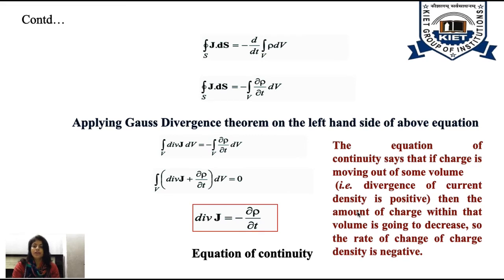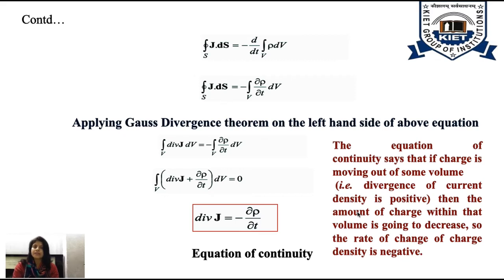Substituting the value of current and charge in the conduction current equation, I or IC is equal to minus dq by dt, we have surface integration of J dot ds equal to minus d by dt of volume integration of rho dV. Then surface integration of J dot ds is equal to minus volume integration of del rho by del t into dV.